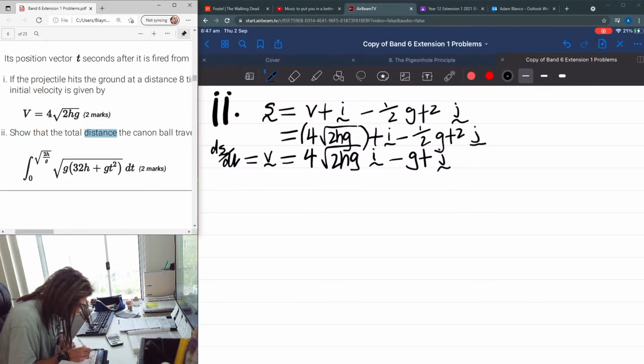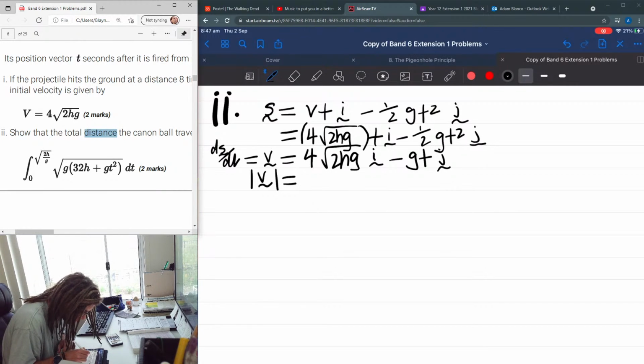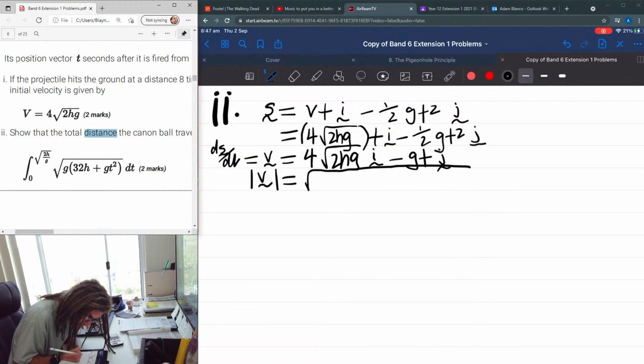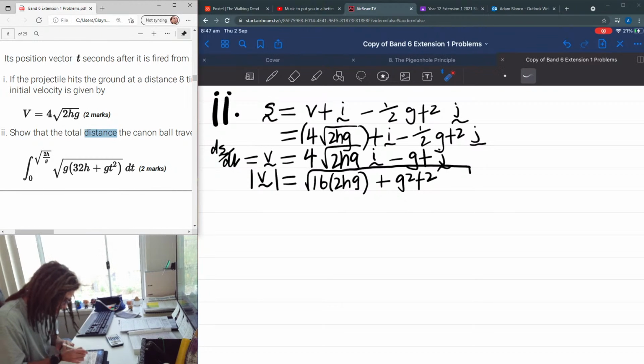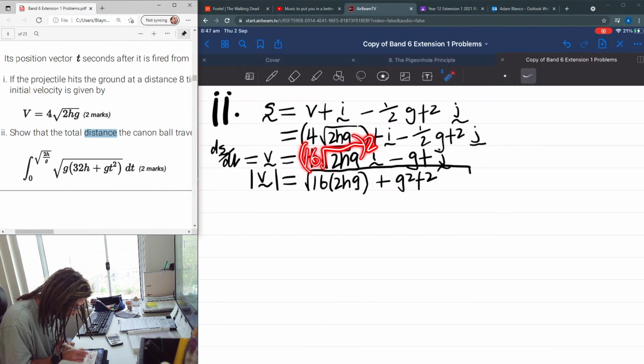So then if I find the length of the velocity, that's going to give me the square root of, let's just write like this, 16 times 2hg plus g squared t squared. I'll do all that in one step. I hope that's not too bad. So it's just that squared. So that's 16 and that disappears, and then squared.